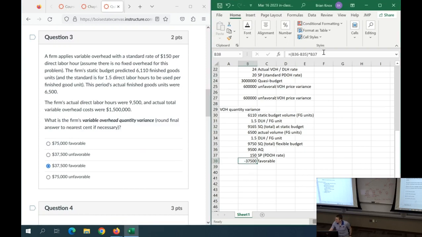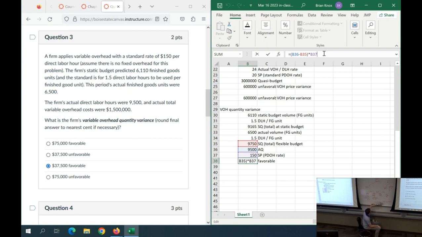B38. Yeah, right here. I'm just putting this formula into the cells. So the actual quantity minus the standard quantity, and then that difference in parentheses times the standard price. Okay, so we took the second box, subtracted the third box. Yes, we are doing this.